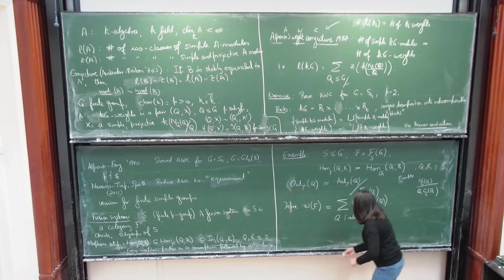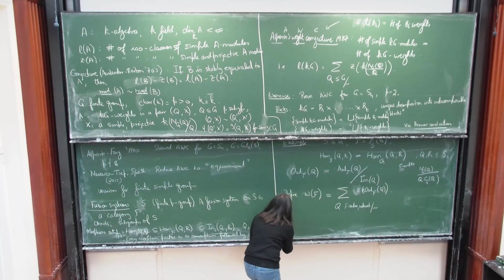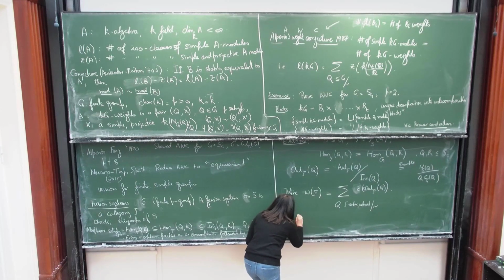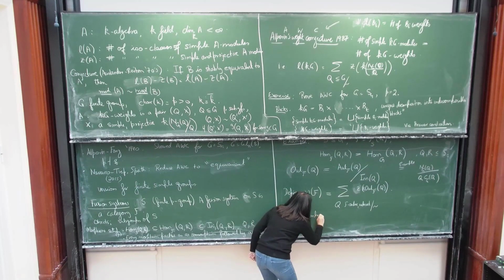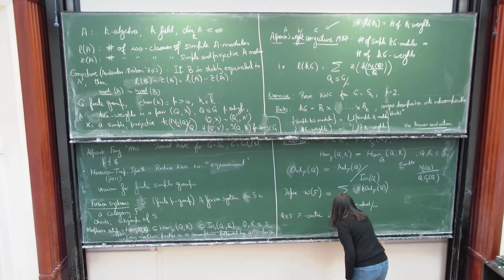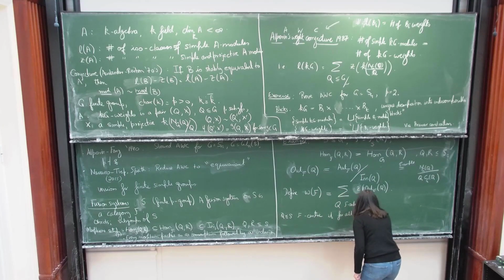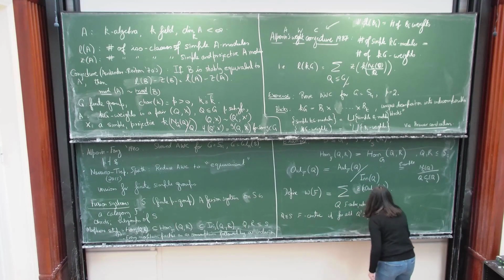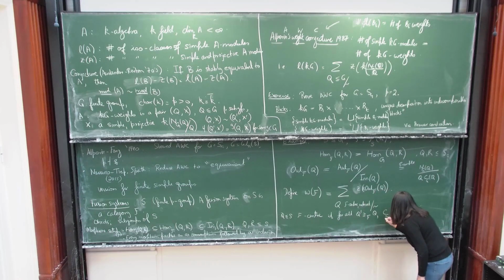And what is F-centric and radical? So Q inside S is F-centric. This is really a translation of the property of being self-centralizing. If for all Q prime which are isomorphic in F to Q, we have that the centralizer in S of Q prime is contained in Q prime.